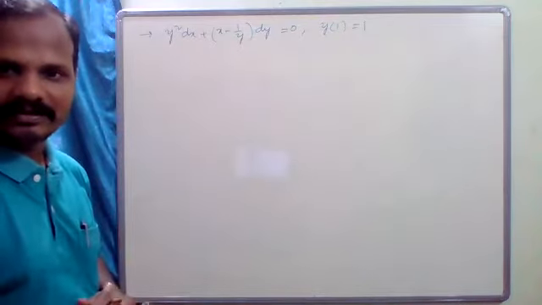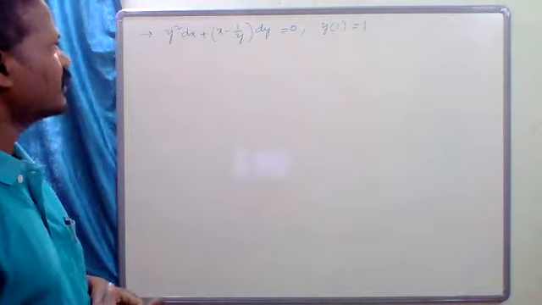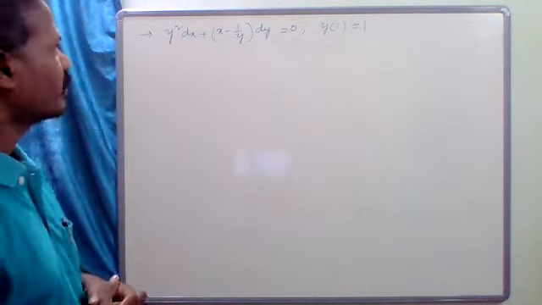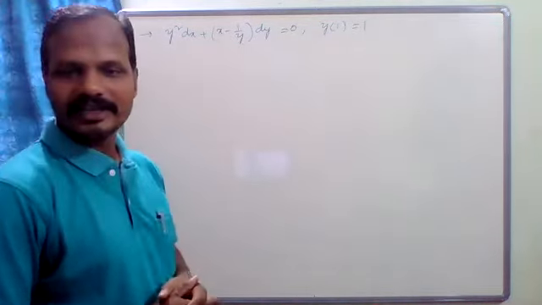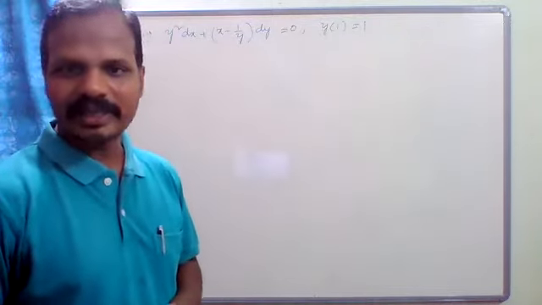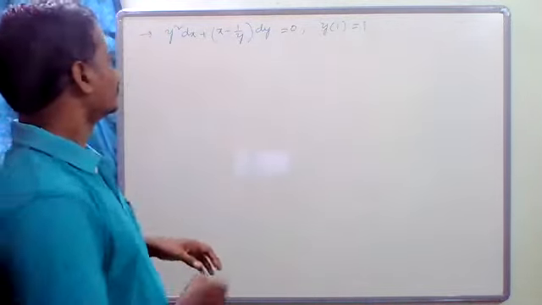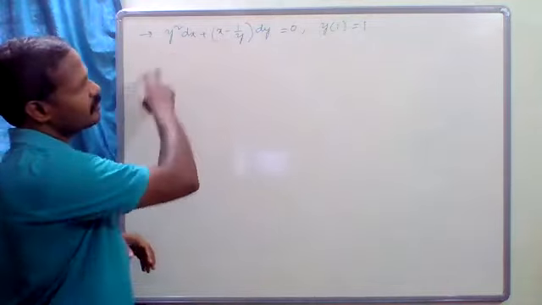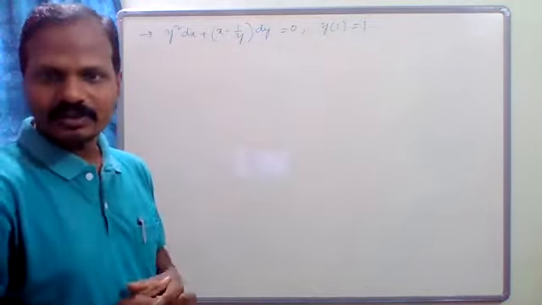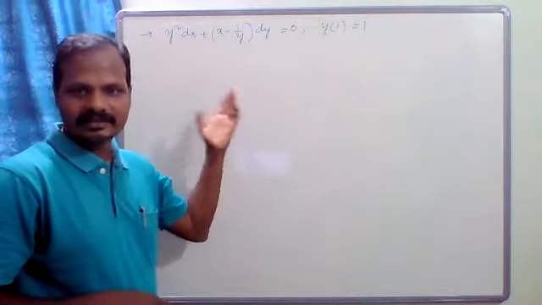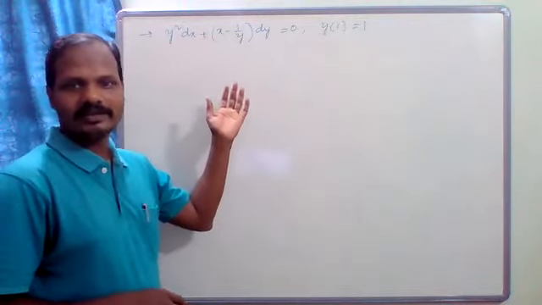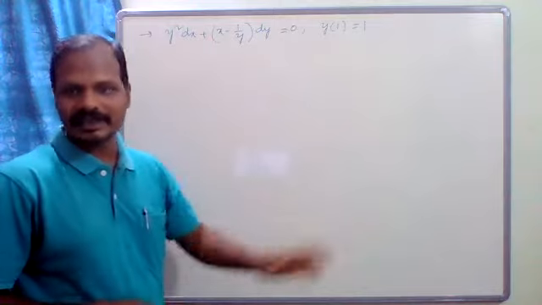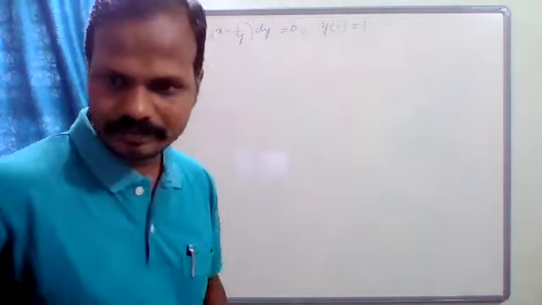So it is not linear in y, obviously. Then we have to check for x. Here x is here, dx is here, they are not multiplied. So it is linear in x. So we have to write this in the form of the second case.